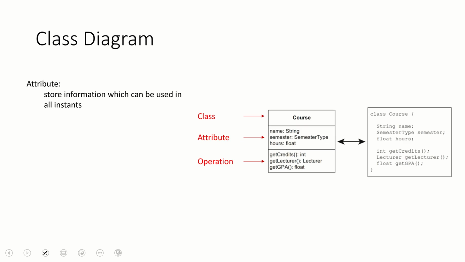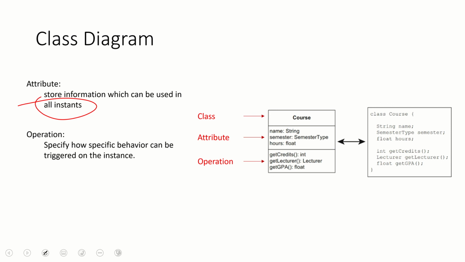Okay, so for example, the attributes store information which can be used in our instance variables. Okay, and the operations specify how specific behavior can be triggered on the instance. Okay, so a very important keyword here is instance.